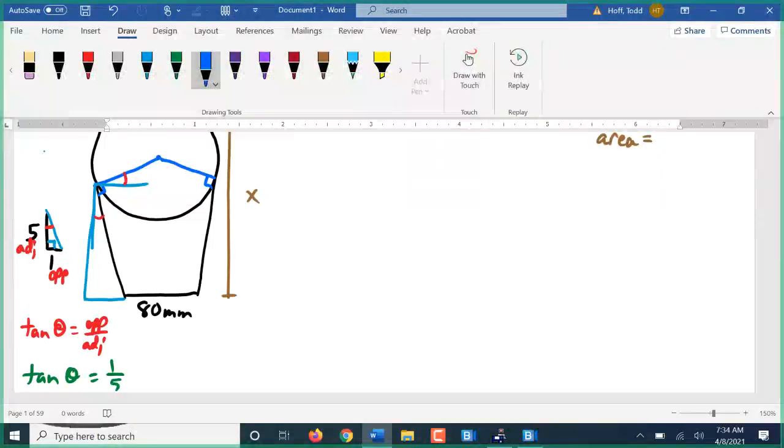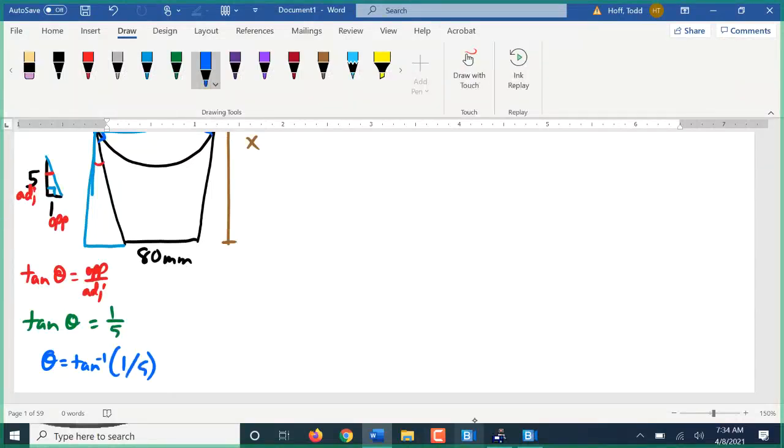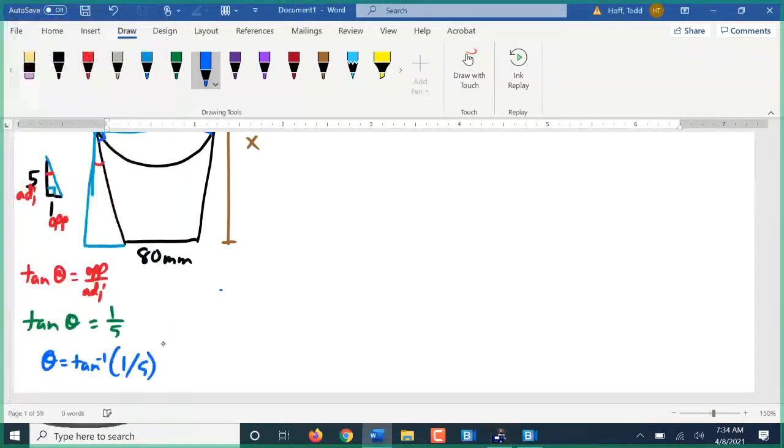Since we're looking for a missing angle, we find that angle by using the inverse trig function, in this case an inverse tangent. Inverse tangent of 1/5 is 11.31 degrees.